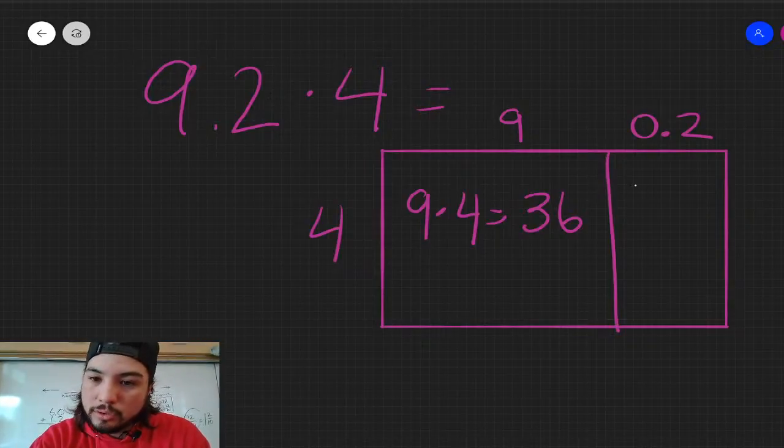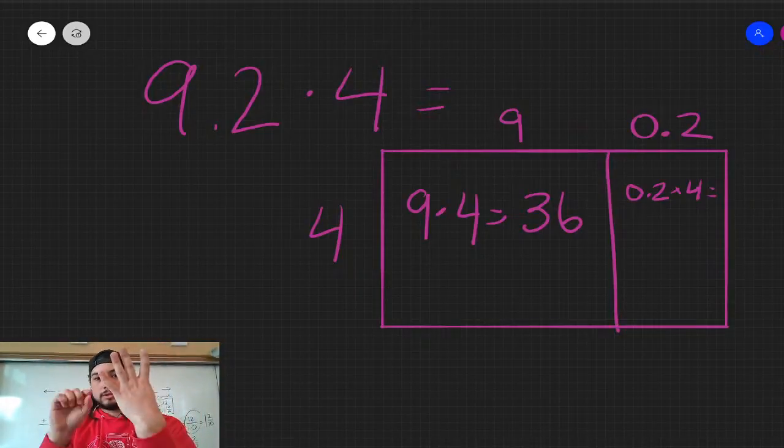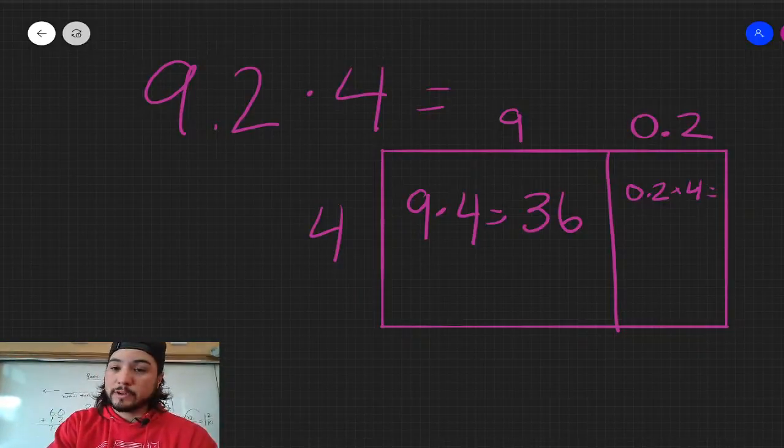And then we have 2/10 times 4. Right? Or 2/10 plus 2/10 plus 2/10 plus 2/10 equals how many tenths? Right? 2 times 4 is 8/10.